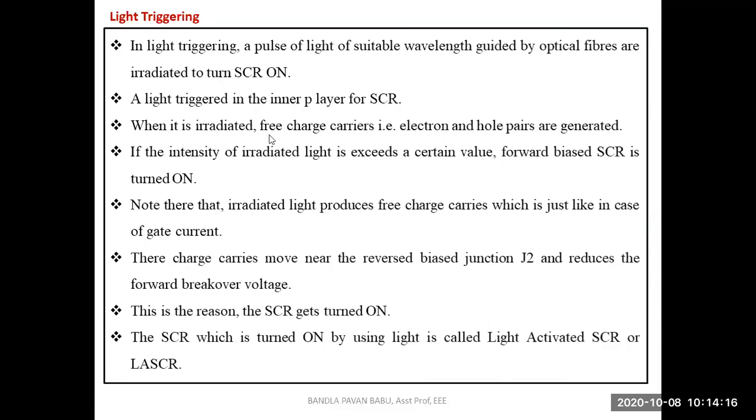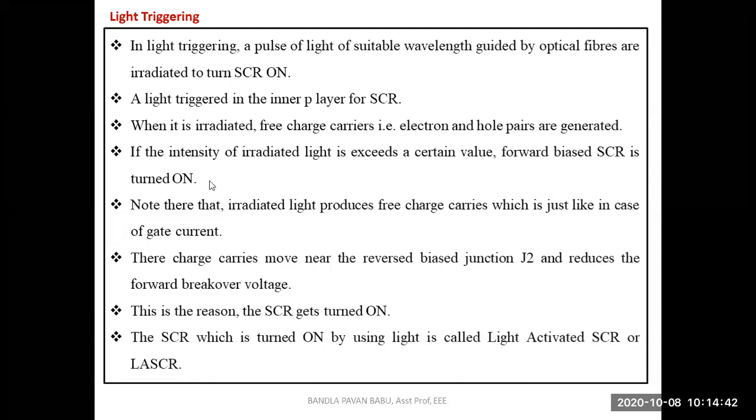When it is irradiated, free charge carriers, that is electron and hole pairs, are generated. So we are injecting the electrons and holes, the positively charged particles and the negatively charged particles, there. If the intensity of the irradiated light exceeds a certain value, the forward biased SCR is turned on.